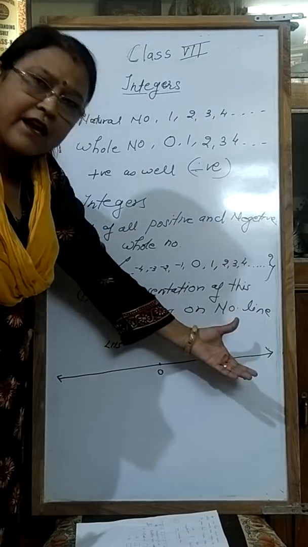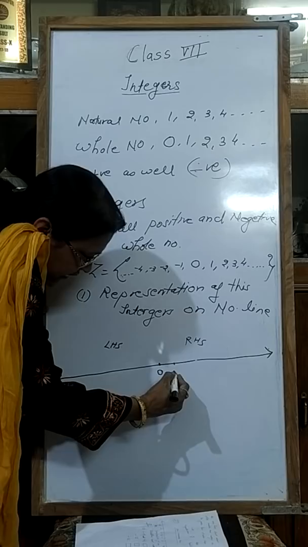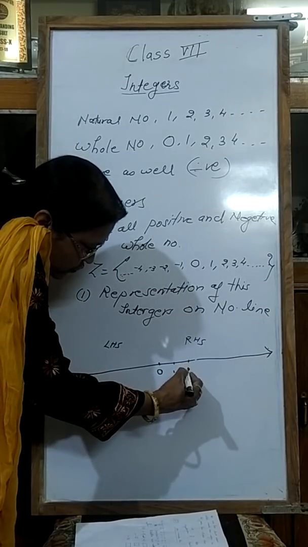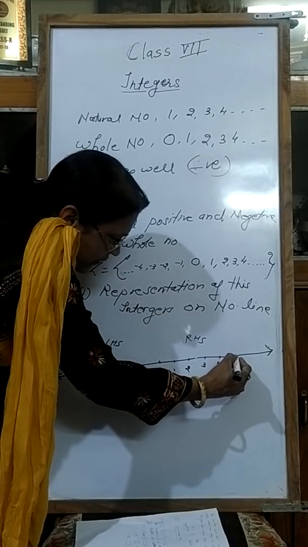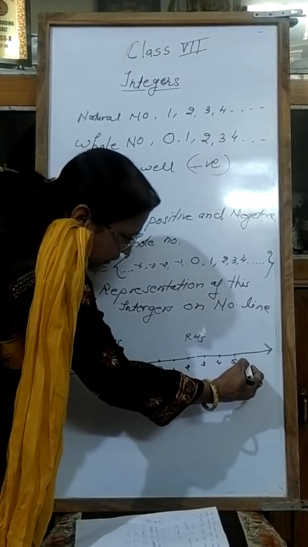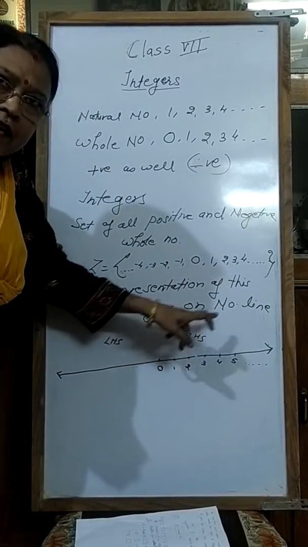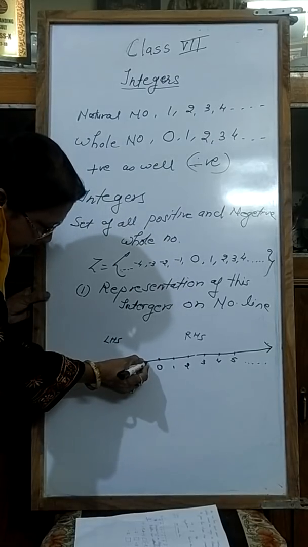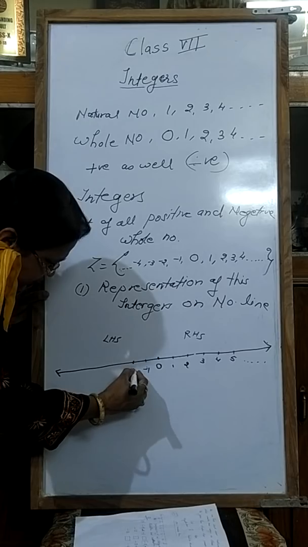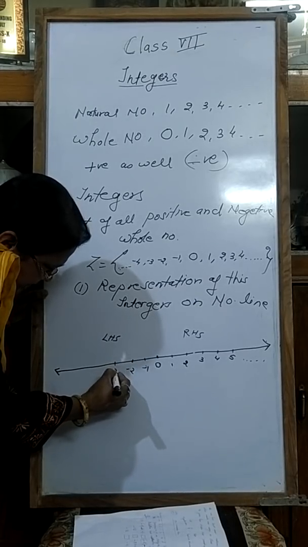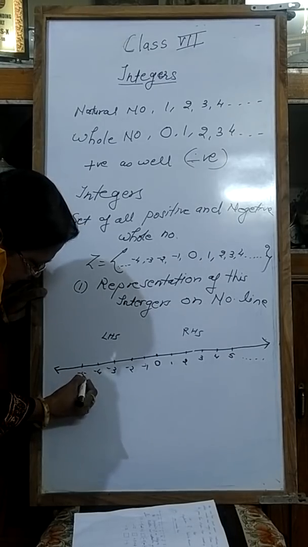On the right hand side, you have to take all positive integers, that is 1, 2, 3, 4, 5 like this. And on the left hand side, you take -1, -2, -3, -4, -5.